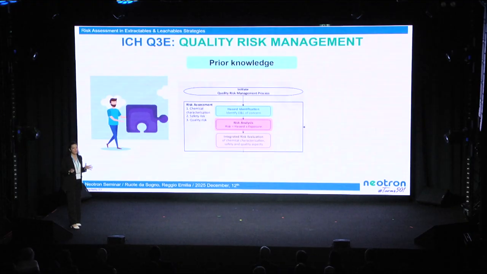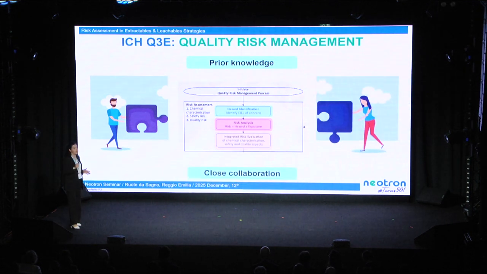So every piece of information is crucial to build a correct and optimized extractables and leachables project. And to do that in the best way, we have to collaborate closely. So all the parties involved, from the supplier to the industry to the analytical part and the toxicological part, have to collaborate strictly.